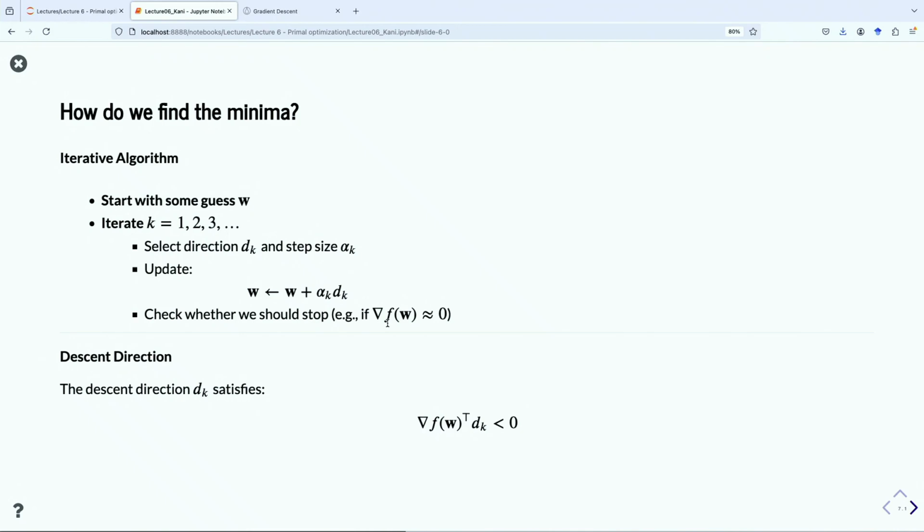Check whether we should stop, by seeing if the gradient is equal to 0 in all directions. Then the probability is that you're in a minima and that you don't really need to do anything further, right? So that's the basic idea.